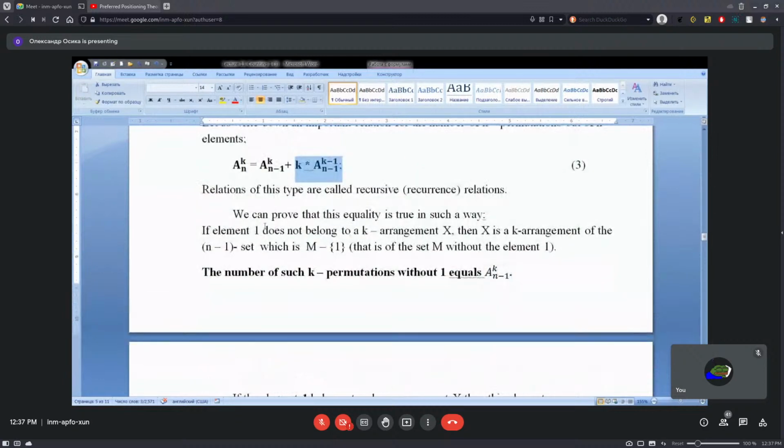So once again, we can prove that this equality is true in such a way. If element 1 does not belong to K arrangement, then it is a K arrangement of the n-1 set. Now n is large, K is not that large, that's why we can get some permutations without 1.